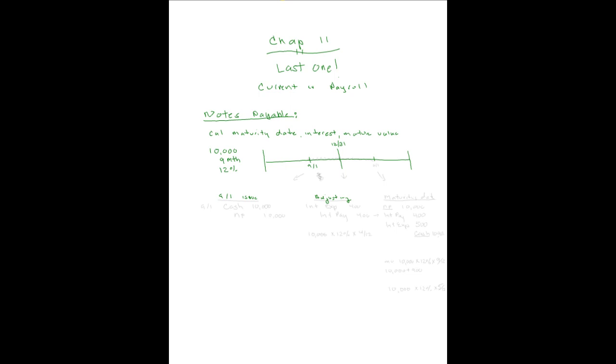And then on eve of 9 months, or June 1st, the note will come due on its maturity date and be paid. Let's look at the journal entries for all three of these events.